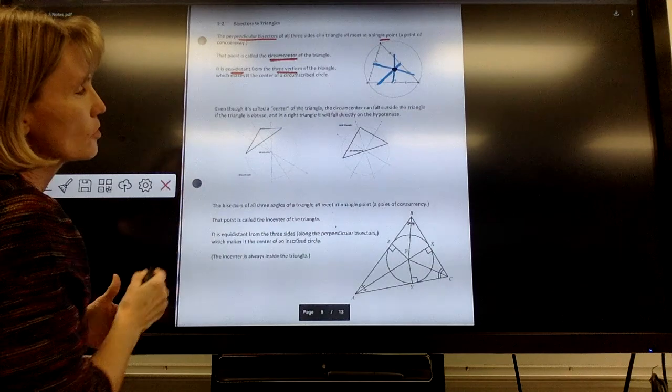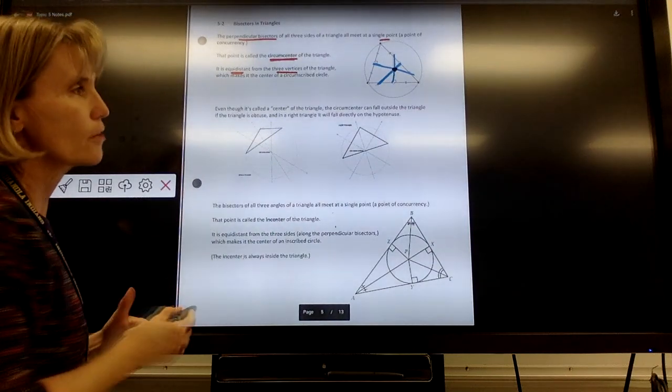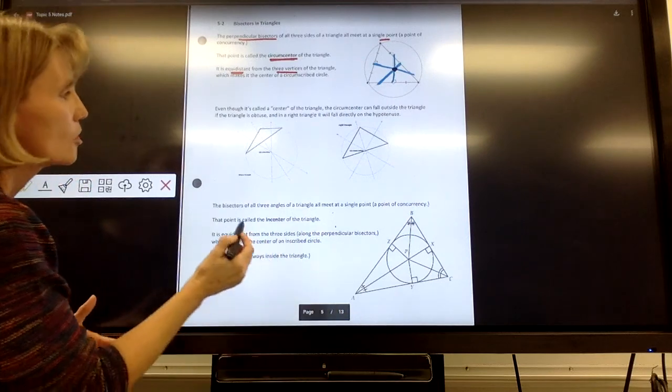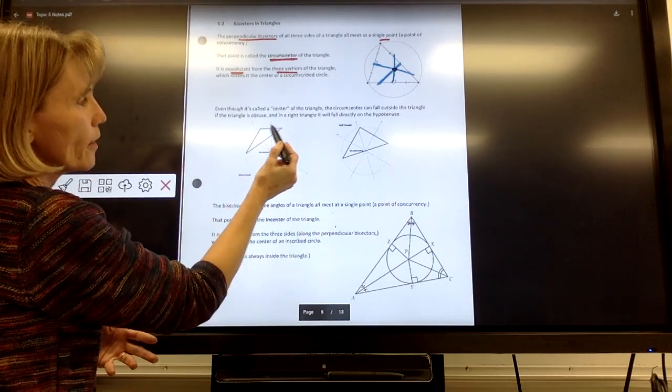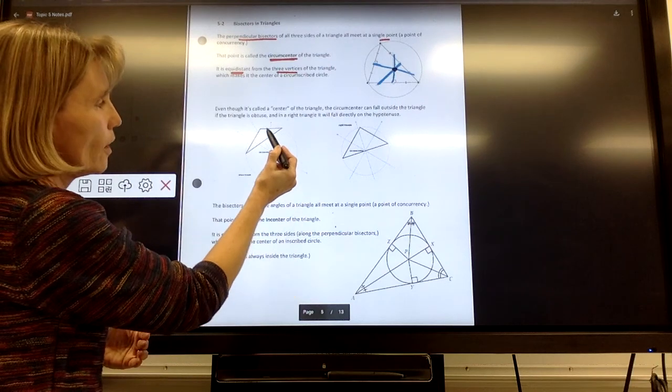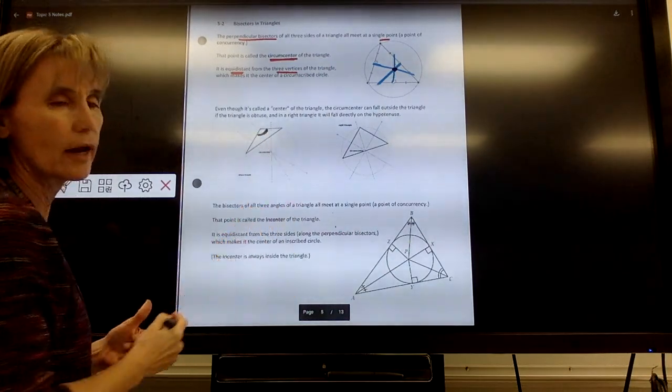Even though it's called the center of the triangle, the circumcenter actually can fall in different places in regard to that triangle. So if we have an obtuse triangle like this, and recall that to be an obtuse triangle means that you have one angle here that's greater than 90 degrees.